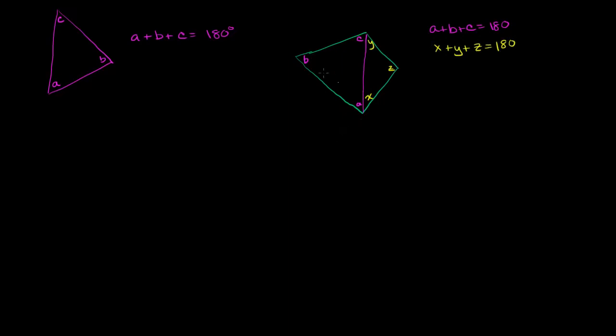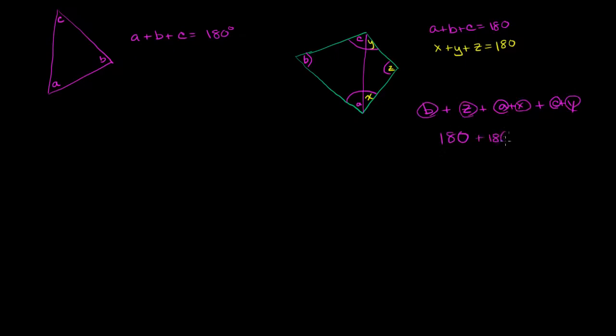And so if we want the sum of all of the interior angles, it's going to be B plus Z, that's 2 of the interior angles of this polygon, plus this angle, which is A plus X, the whole angle for the quadrilateral, plus this whole angle, which is going to be C plus Y. And we already know A plus B plus C is 180 degrees, and we know that Z plus X plus Y is equal to 180 degrees.